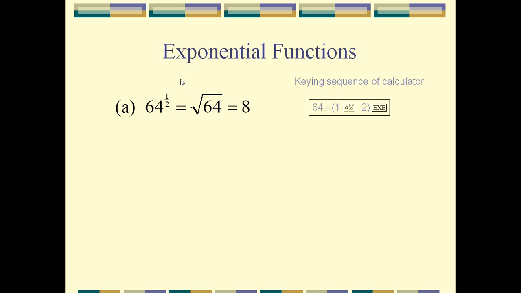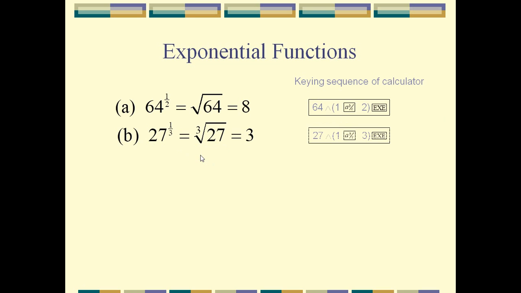Then you will get the answer 8 directly. 27 to the power 1 over 3 is the cube root of 27. You can use the shift cap lock to do that, or you just press 27, the power, this is the cap, and then bracket 1 ABC 3, close the bracket, execute.